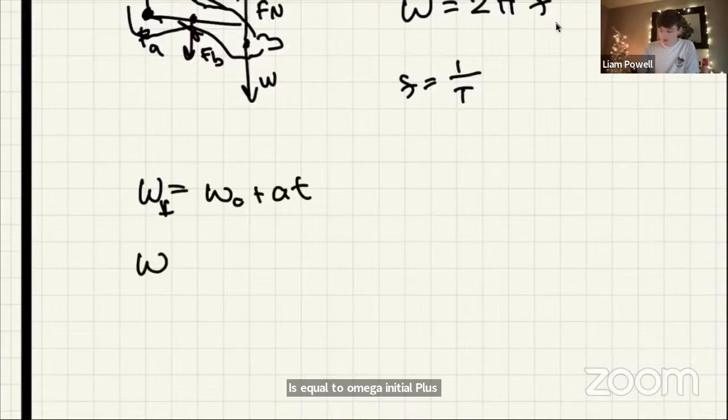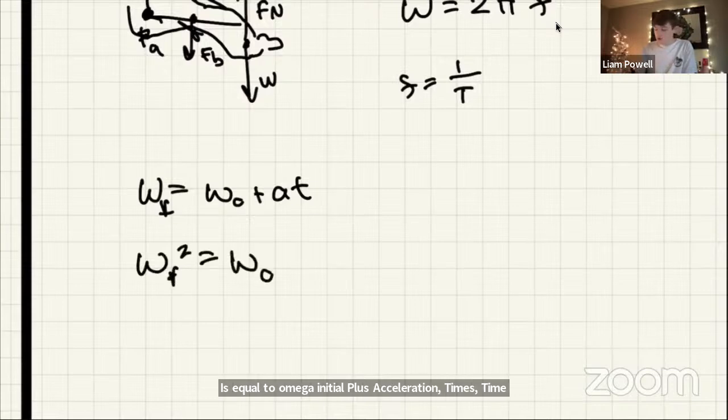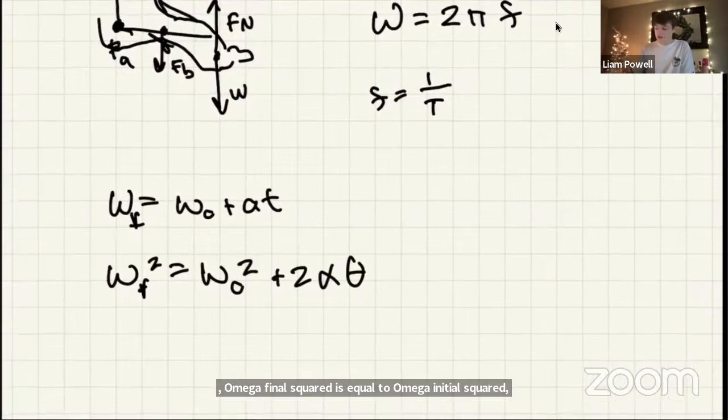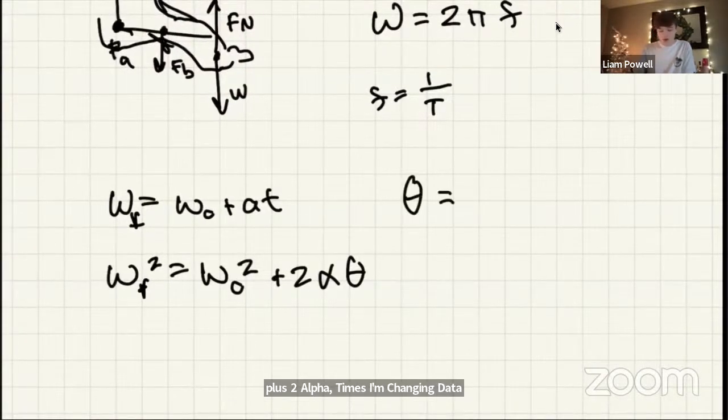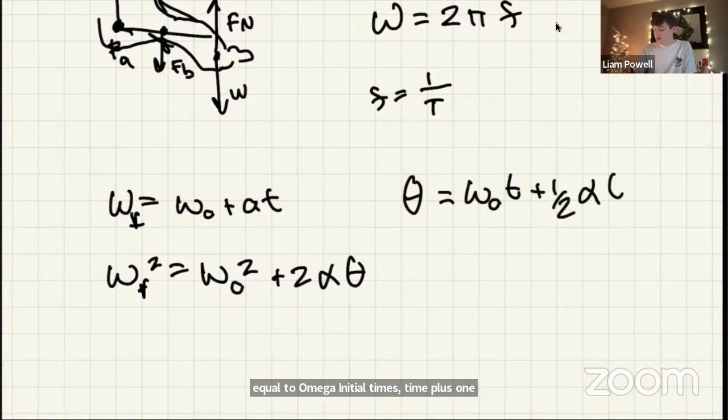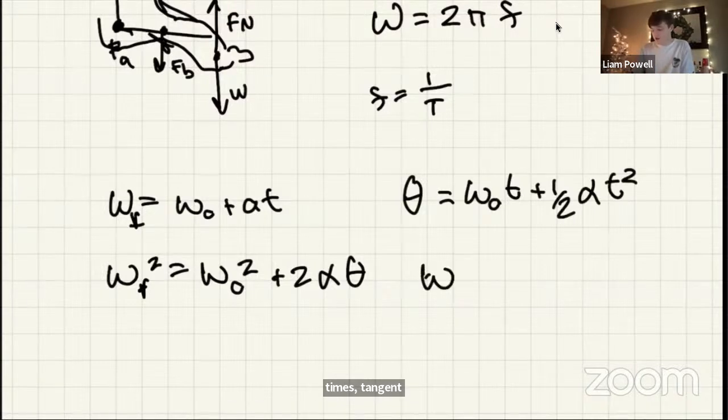Omega final squared is equal to omega initial squared plus 2 alpha times change in theta. Change in theta is equal to omega initial times time plus 1/2 alpha times time squared. And then we have average omega.